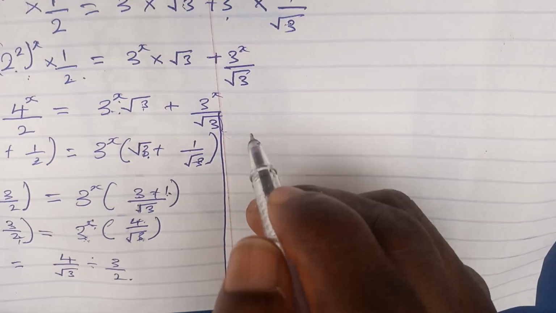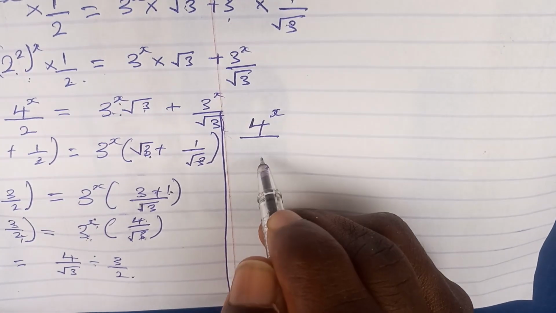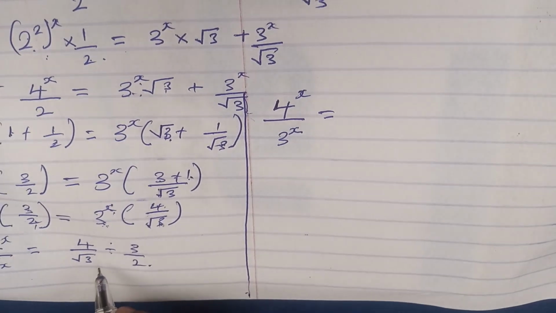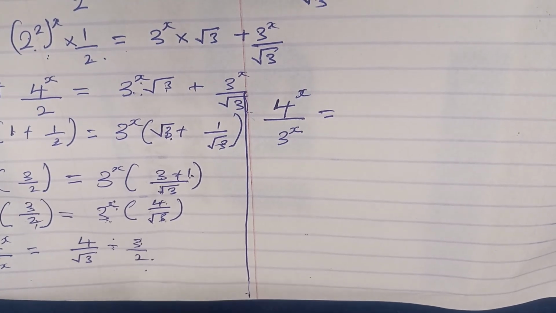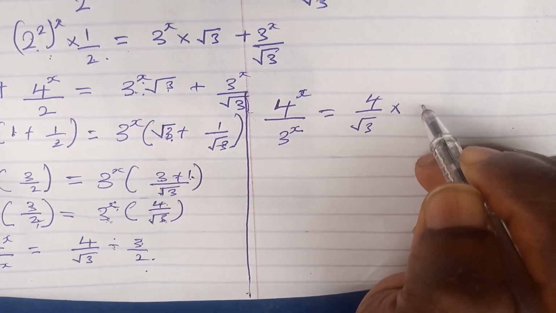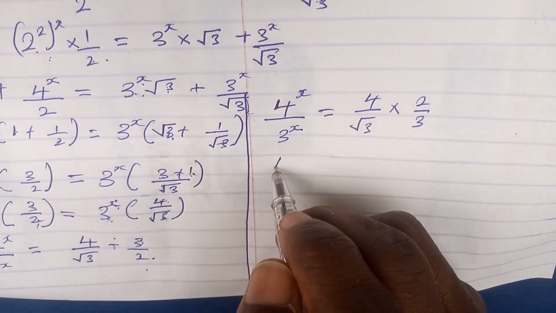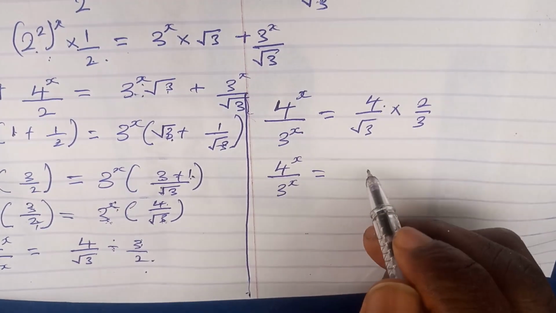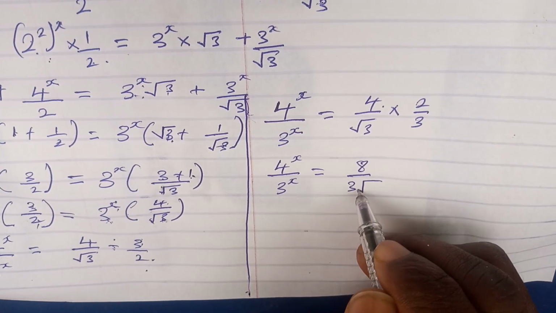We have 4 to the power of x over 3 to the power of x is equal to, so we want to turn this one to a multiplication sign. Simply put this one up, then put this 3 down. So we have 4 over root 3 times 2 over 3. So we now have 4 to the power of x over 3 to the power of x is equal to, this times this is going to give us 8 over 3 root 3.